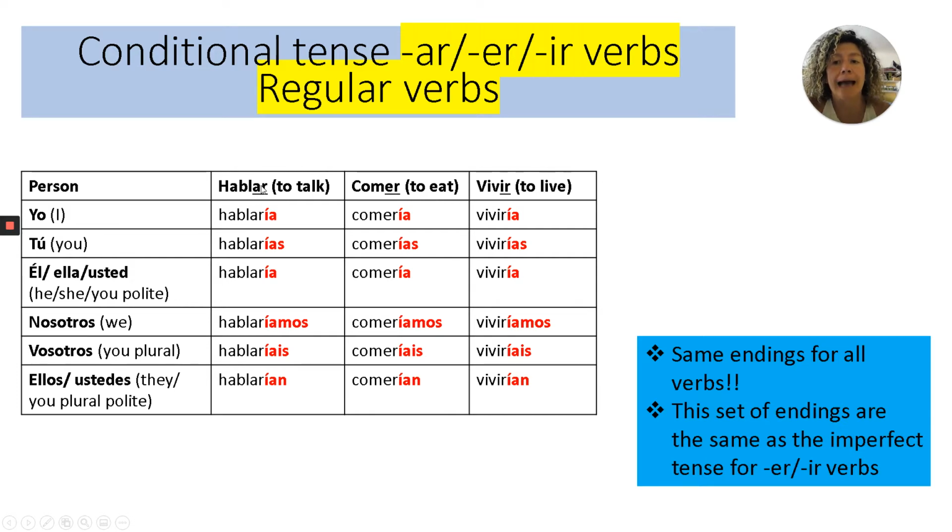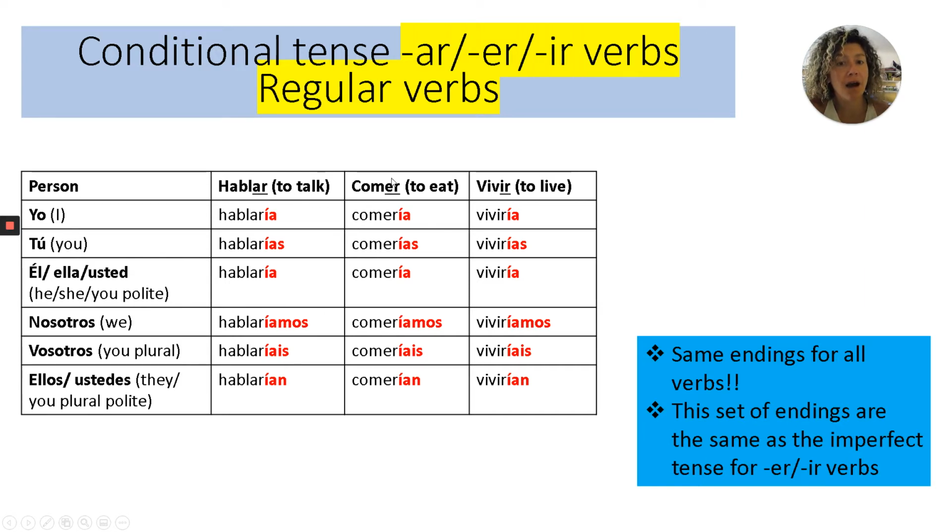So let's have a look at hablar, the AR verb, and see what I did. Think about what I've done to conjugate. Now I would like you to go to comer, to eat.